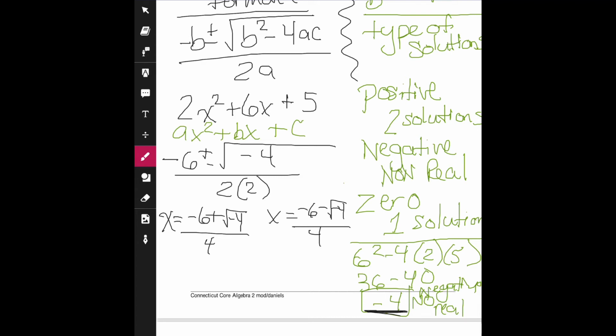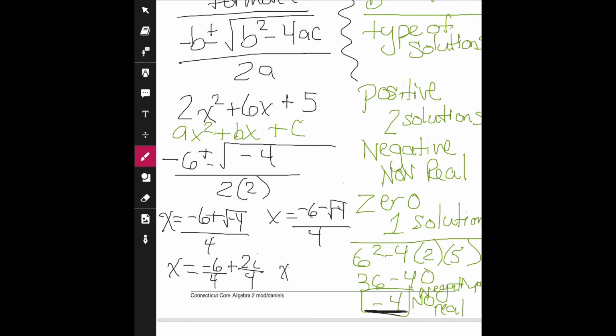The square root of 4 is 2, and I need that negative, which is an i. We just learned that. So this is going to be negative 6 over 4 plus 2i over 4.